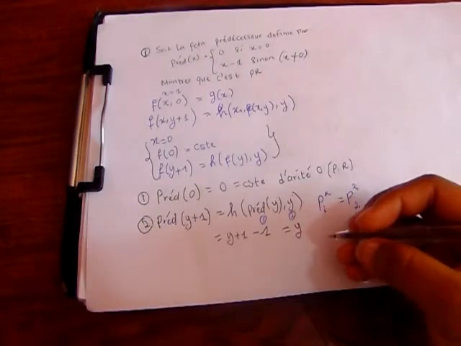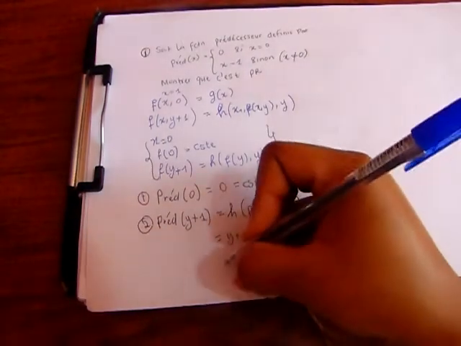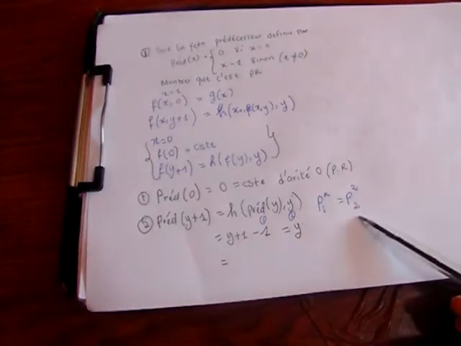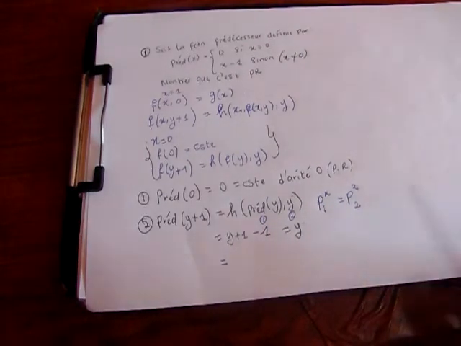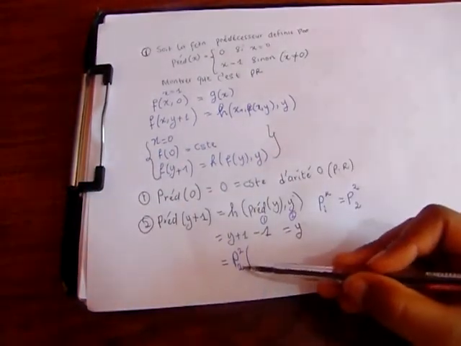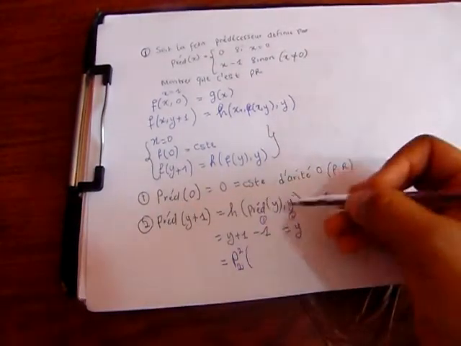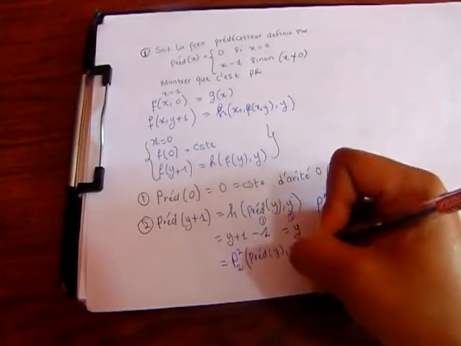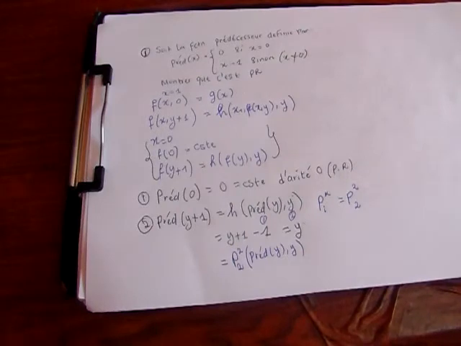So that means we are going to replace h with the projection that we've gotten. So we're going to have p, 2, 2, because we're trying to say where are we getting our second projection from. So we have pred of y, y. In this case, it will tell the person looking at it that p, 2, 2 means among these two, the second one is what we're actually looking for, which is the y.